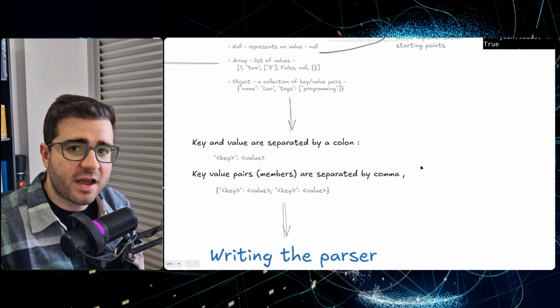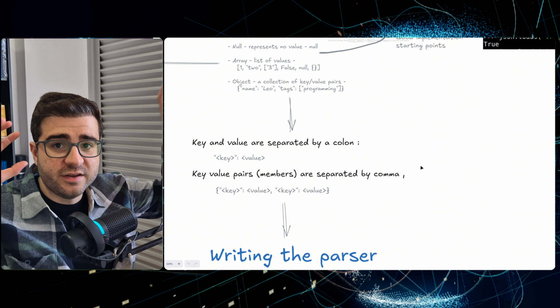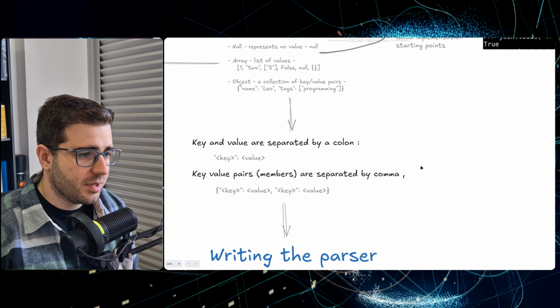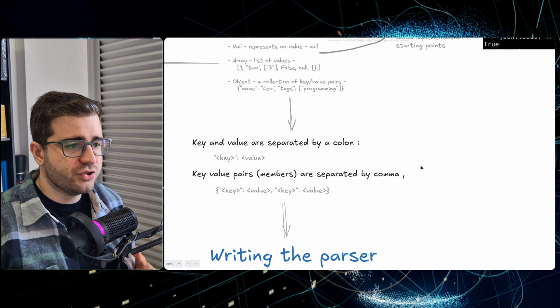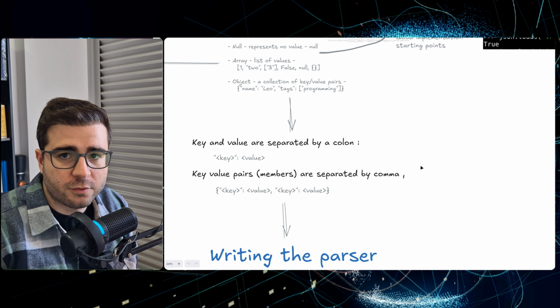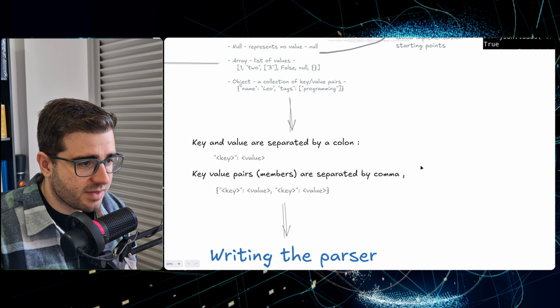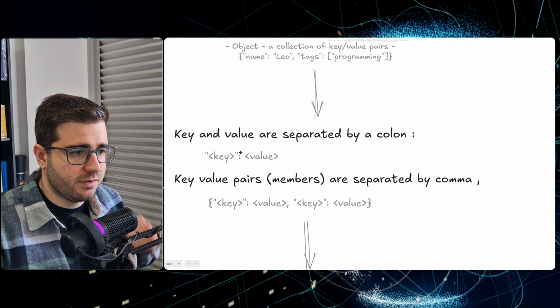Another aspect that is important to understand is the rules behind the organization of the data. Because, for example, in order to separate the key and the value from an object member, we have a special character that is used to separate those values.